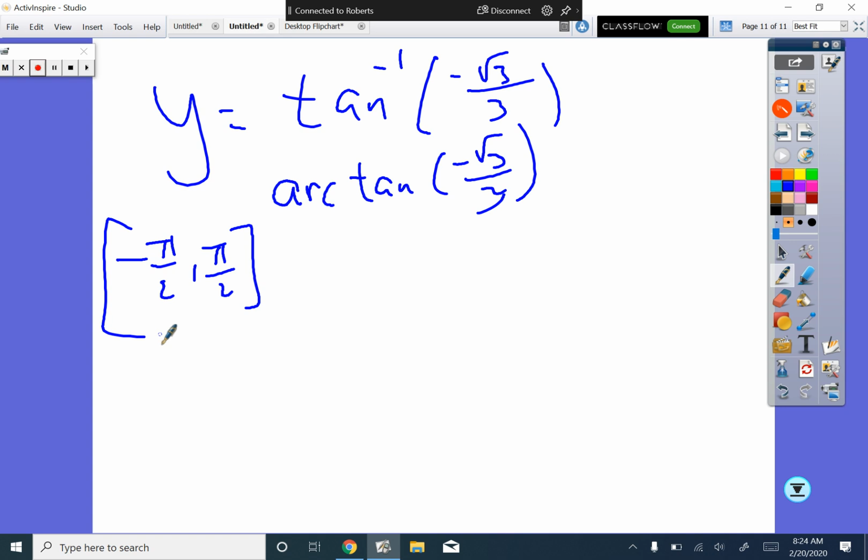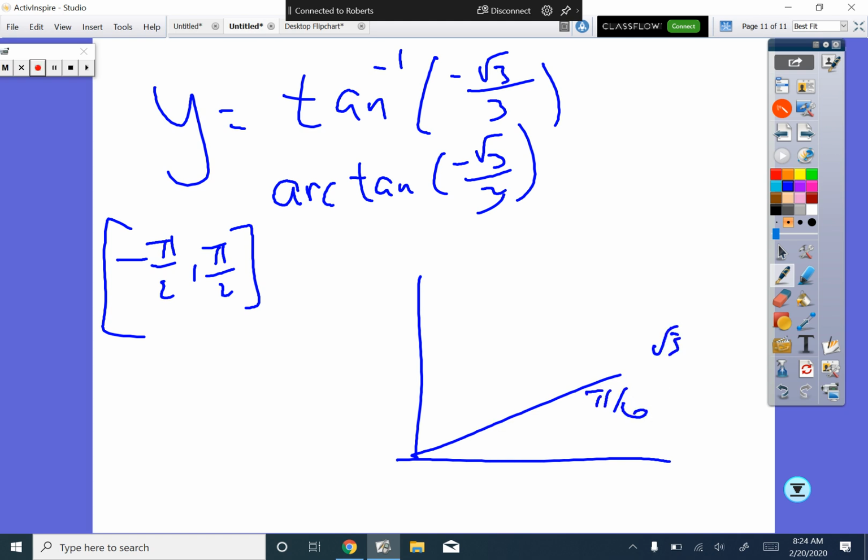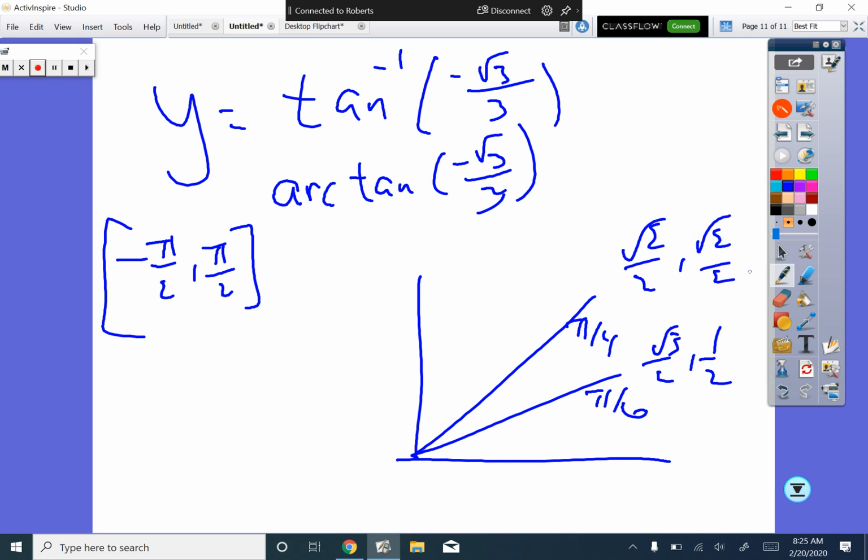Nice. So then we say, okay, where is tangent root 3 over 3? So really, let's just think about it really quick. Here's my unit circle, just so we can have the idea. We have 30 degrees, which is pi 6, which is root 3 over 2 comma a half. We have 45 degrees, which is pi fourths, which is root 2 over 2, root 2 over 2, right?